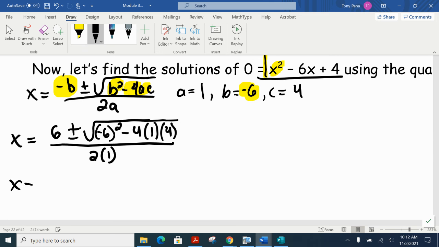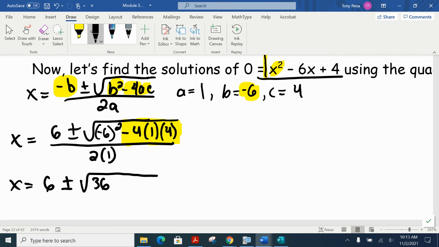All right, so in our next step, just like we did before, we now want to clean up the mess that's underneath the radical here. So underneath the radical, you're going to do a negative 6 squared. A negative 6 times a negative 6 is a positive 36. Then you're going to multiply these three numbers together: negative 4 times a positive 1 times a positive 4. Negative 4 times 1 is a negative 4.